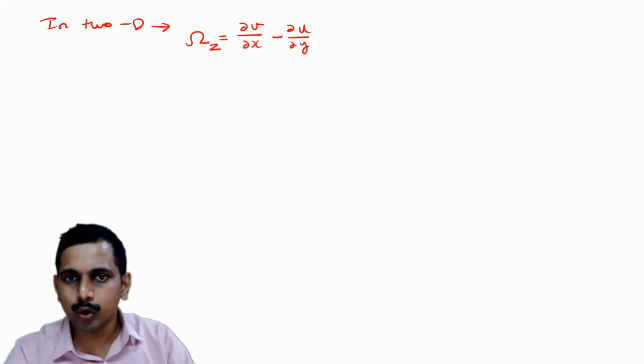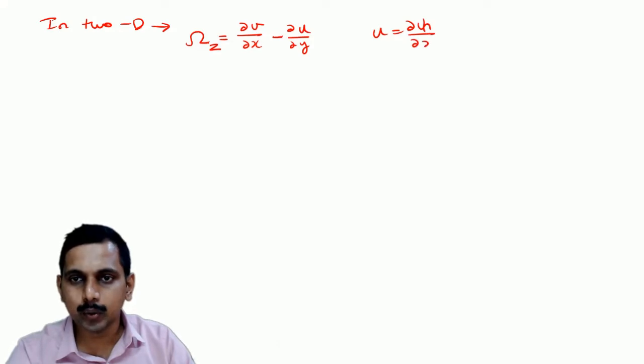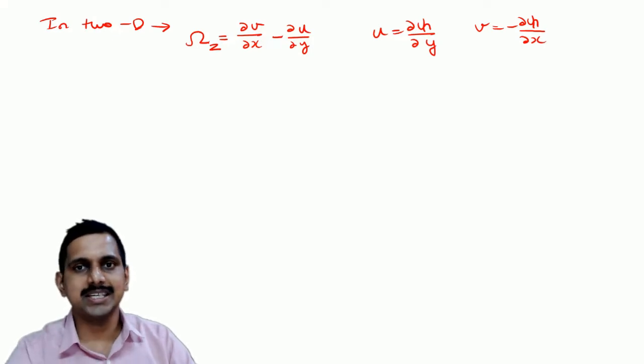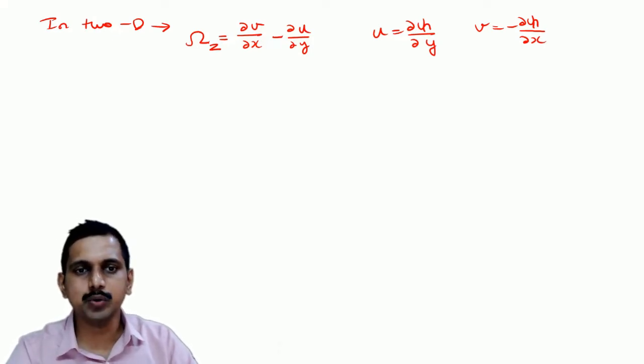But we know that u is equal to ∂ψ/∂y, and v is equal to minus ∂ψ/∂x, where ψ is the stream function. So let us substitute that here.